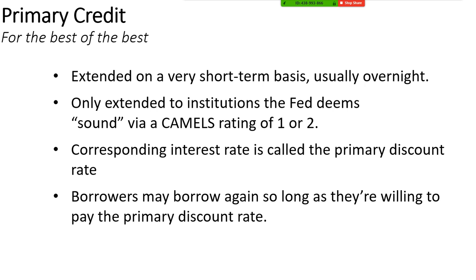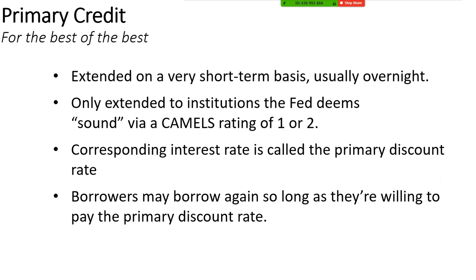Now, the interest rate that's tacked on to this loan is called the primary discount rate. When we talk about the discount rate, just plain old discount rate, what we really are referring to is the primary discount rate. And as we already know, it's above the federal funds rate, though it's the lowest of the discount rates.